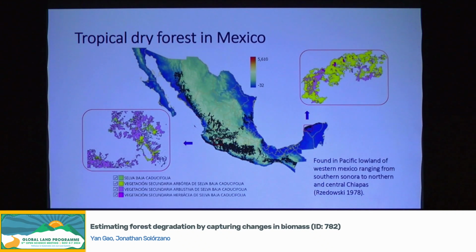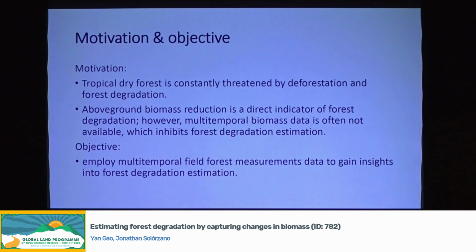a very degraded state. So the motivation and objective of this work: the motivation is that tropical dry forest is constantly threatened by deforestation and forest degradation, and above ground biomass is a direct indicator of forest degradation.